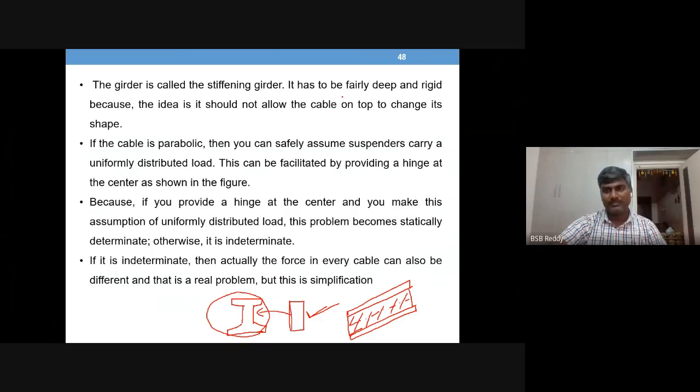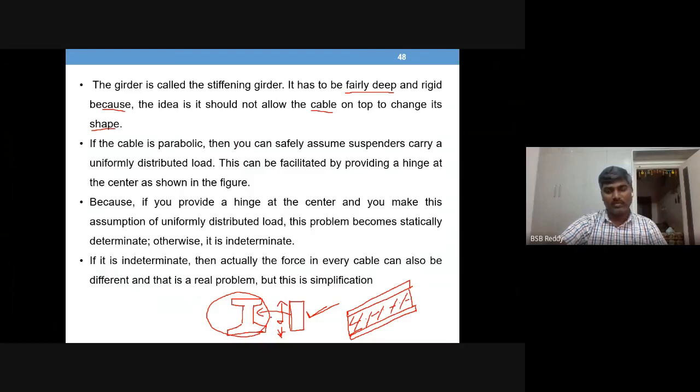As the bending moment is heavy, the girder needs to be provided more depth. D should be increased enormously because M is more. It should also be rigid, because the cable that you are providing has to maintain its shape.